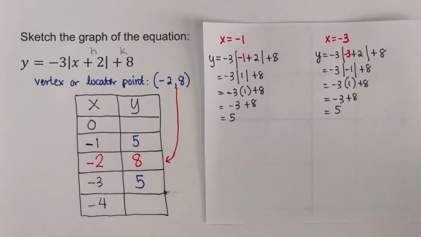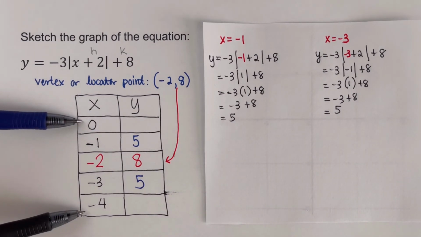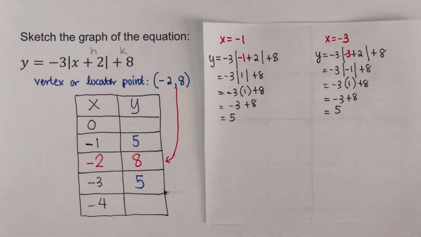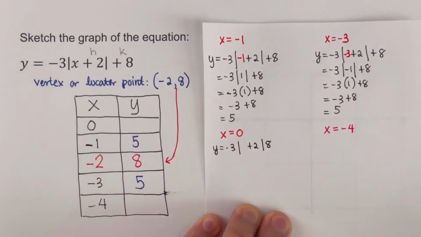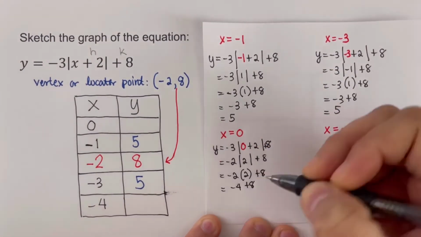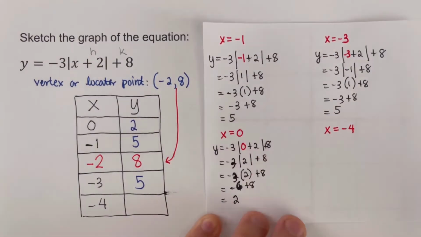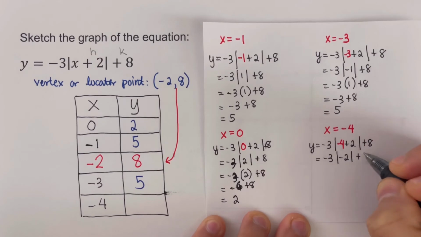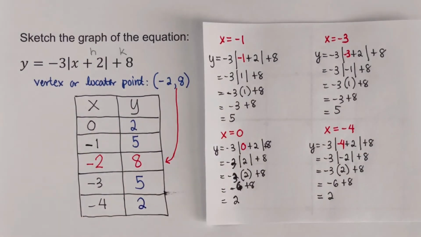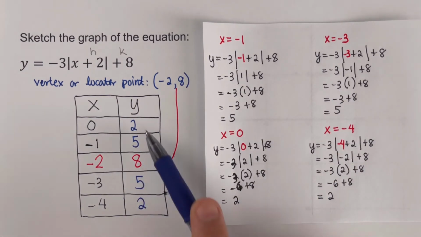And so I'm going to go ahead and show the work for y when x is 0 and y when x is negative 4 at the bottom down here. So we have completed the table of values right here, and this is the work for the numbers that we got and how we got these.